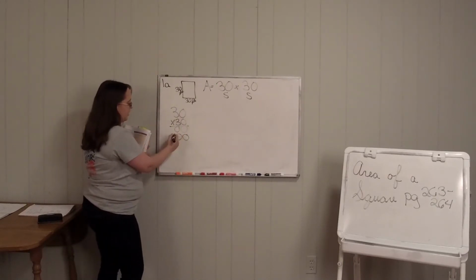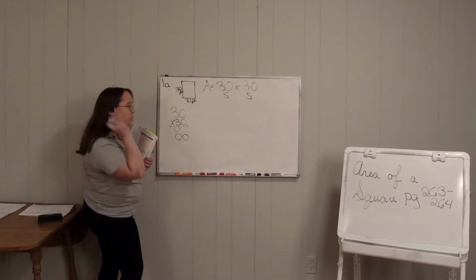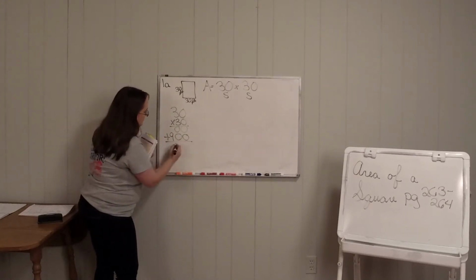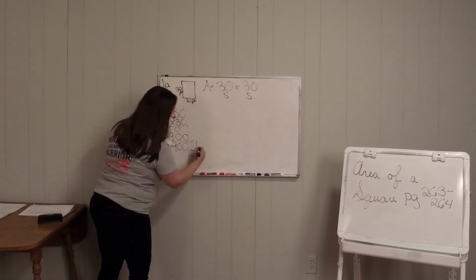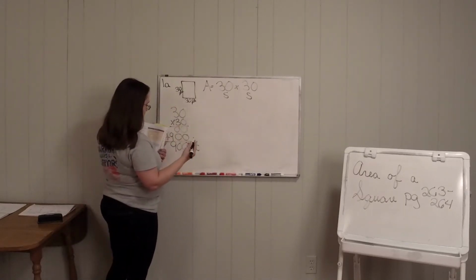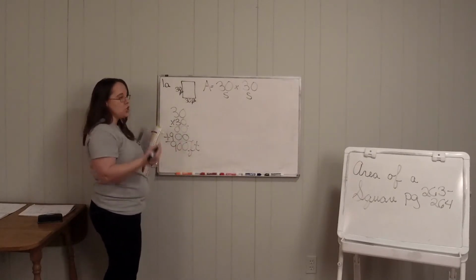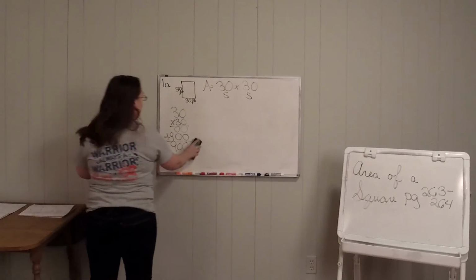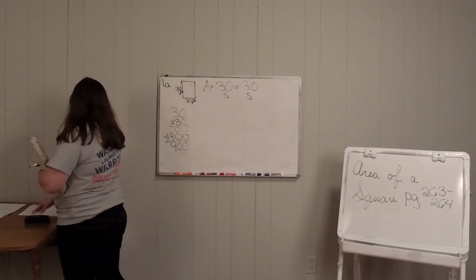And then 3 times 3 is what? It's 9. So the answer would be 900 feet, or it would be actually 900 squared feet. Because when you're talking about area, it's squared feet.